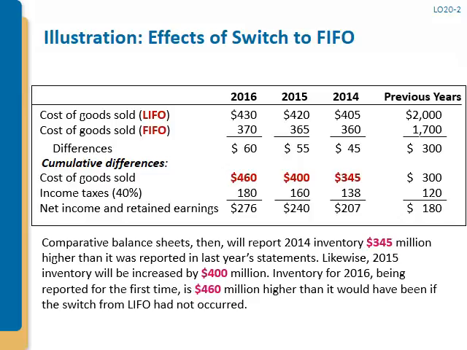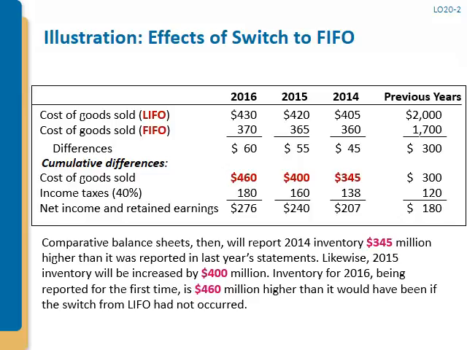Retained earnings. Similarly, Airparts reports retained earnings by FIFO each year as well. Retained earnings is different because the two inventory methods affect income differently. Because cost of goods sold by FIFO is less than by LIFO, income, and therefore retained earnings, by FIFO are greater than by LIFO.